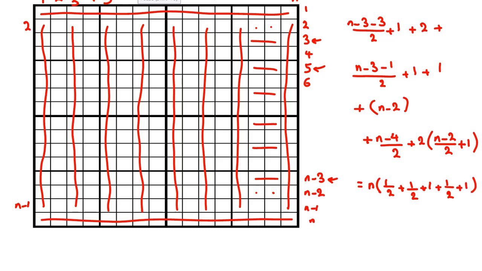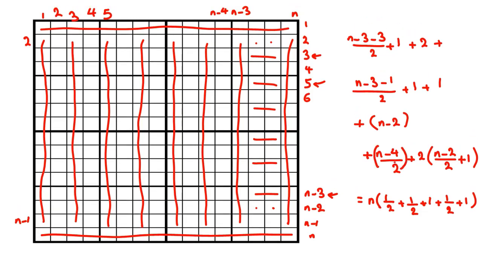Okay? Sorry. This part that I said, n minus 4 over 2, we should multiply it by what? Because all of them are like this. It will be from 2 to n minus 1. 2 to n minus 1 is n minus 2. It was n minus 4 over 2.